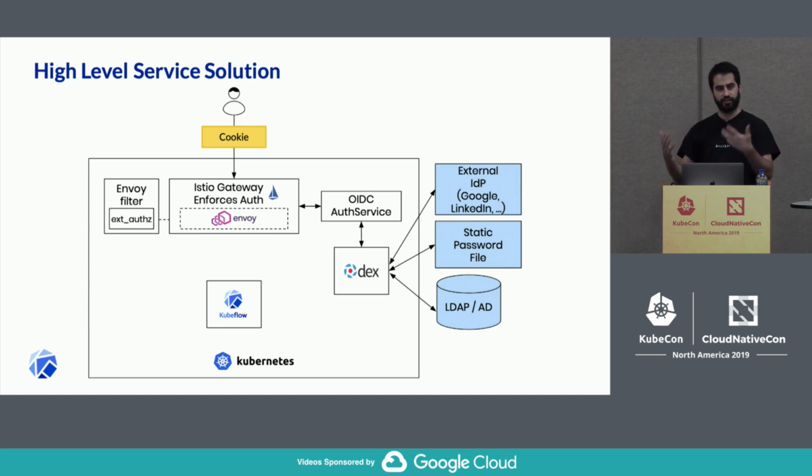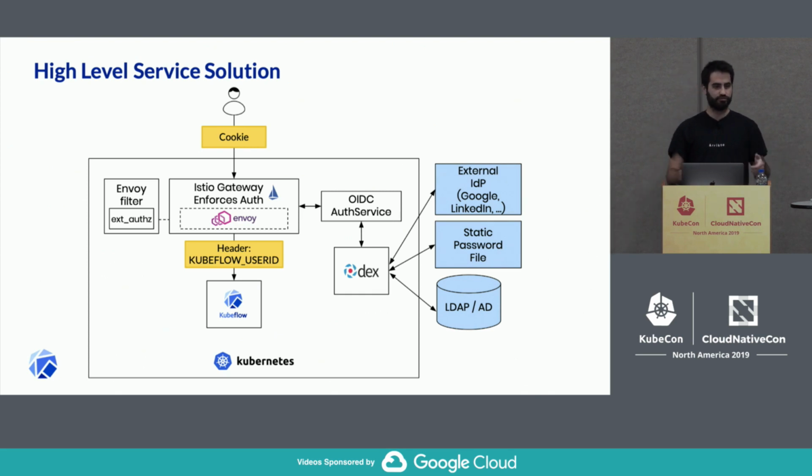Once the user is logged in and has that special session cookie, Istio Gateway will let the request pass, but also add a special header. That header contains the user's identity. So now, all that an application of Kubeflow has to do is read that header in order to learn who that user is.